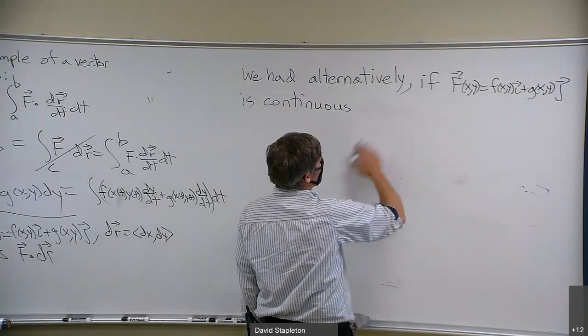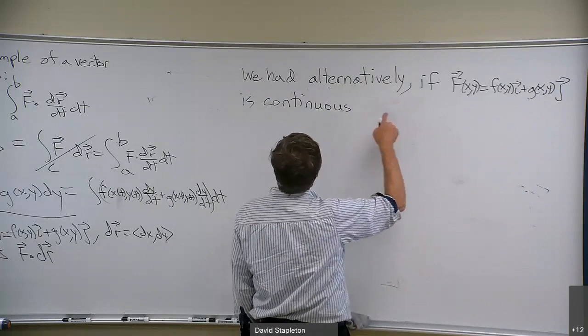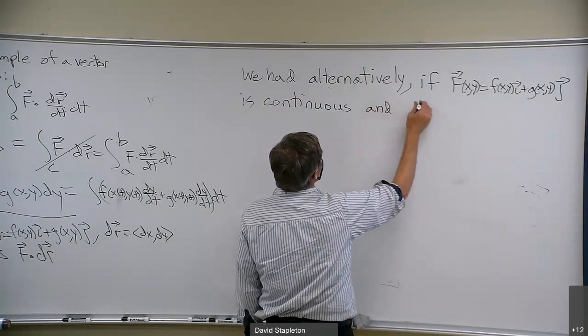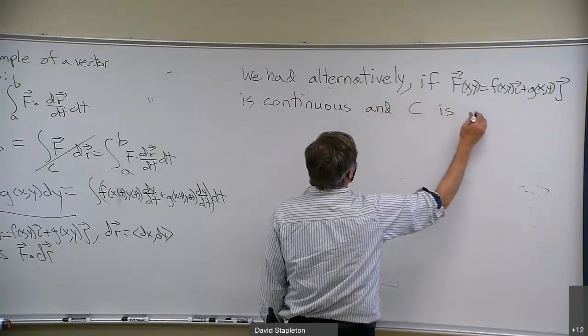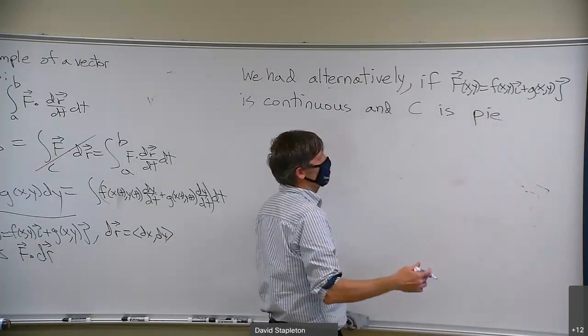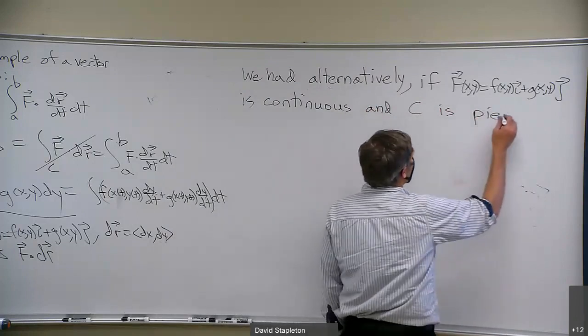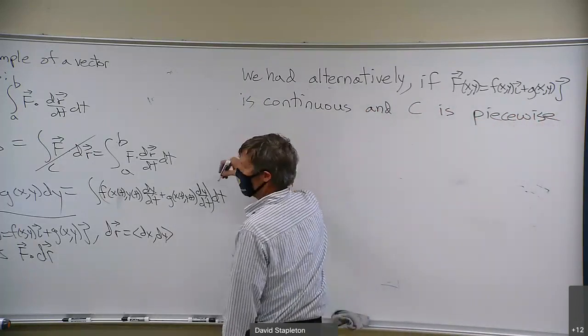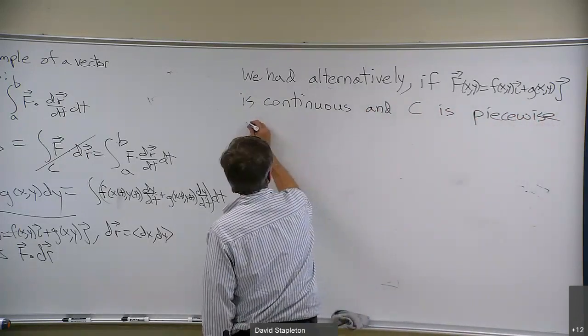It means on an open region containing the path, I think is the way it goes. It is continuous, and C is piecewise smooth, meaning it's a finite number of smooth pieces put end to end, including the case that might just be one smooth piece.